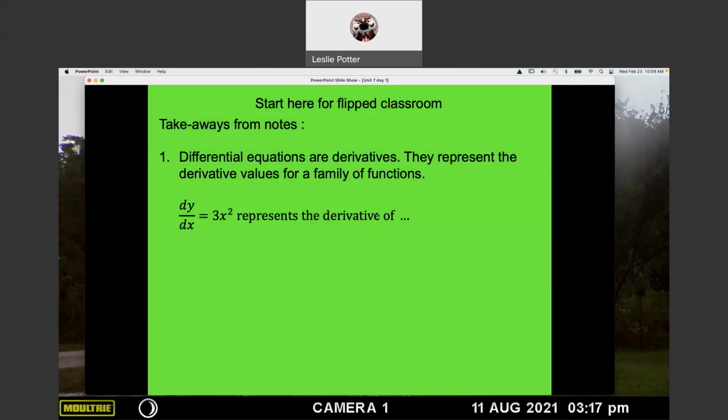Can you think of anything specific? What function do you have to start with in order to get that as a derivative? X cubed, right? Or y equals x cubed. Is that the only function that leads to a derivative of 3x squared?